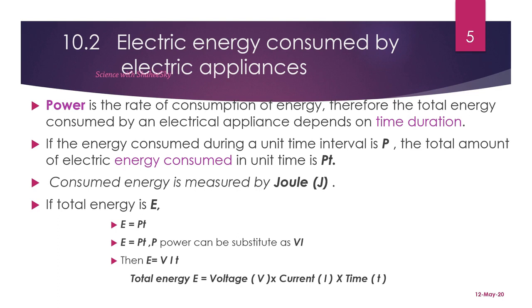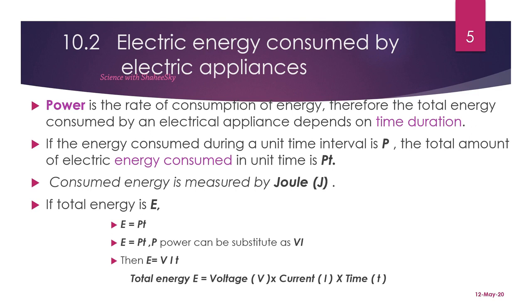So, consumed energy is measured by E is equal to PT. This is energy, which is measured in joules. So, you know now the equation for calculating consumed energy is E equal to PT.